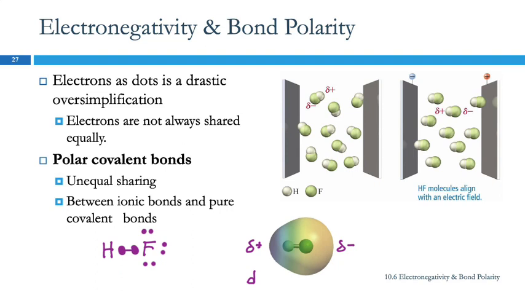Those are polar covalent bonds, unequal sharing. So we can think of them as being between ionic bonds and pure covalent bonds where the sharing is equal. Ionic bond is the transfer of electrons, covalent is sharing, polar covalent is sharing but not equally. Any questions?